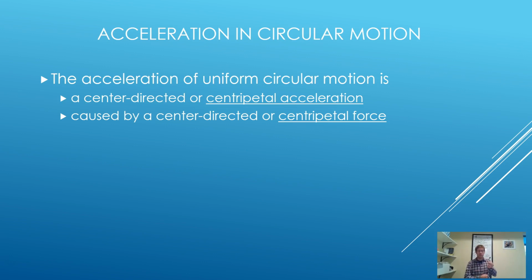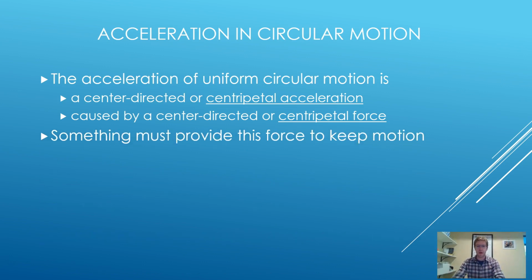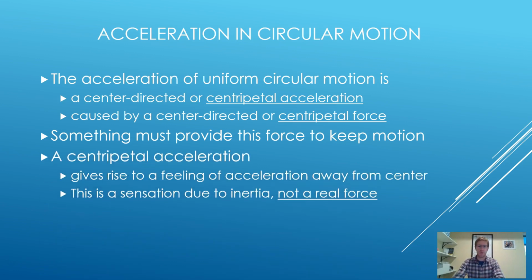It has a centripetal force, it has a centripetal acceleration. We've already established that. Where does it come from? Well, it comes from the string. The tension in the string gives it that inward pointing force, that centripetal force directed towards the center of its motion. So again, something must always provide that force to keep it going in its circular motion. We call this centripetal force, and it gives rise to the centripetal acceleration.